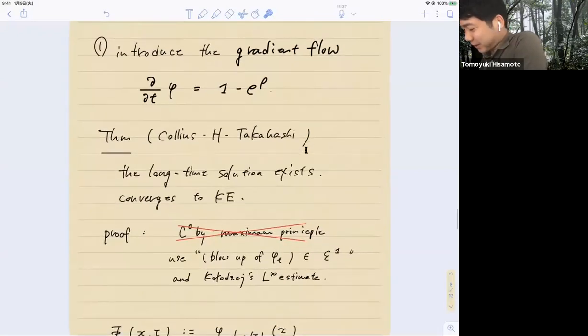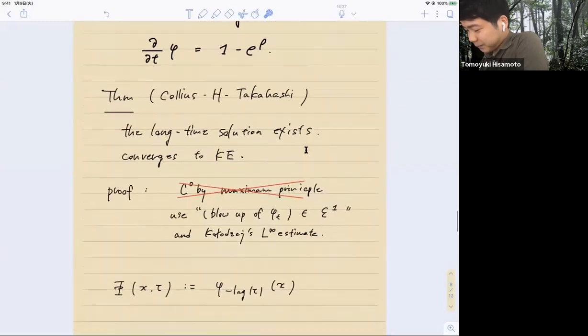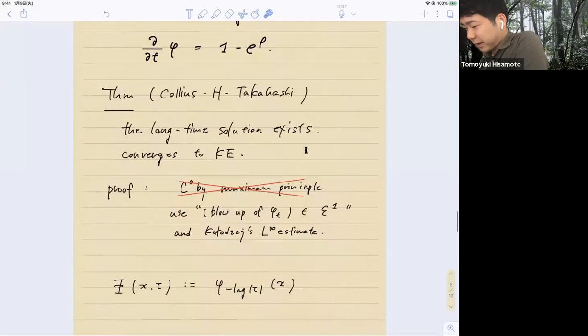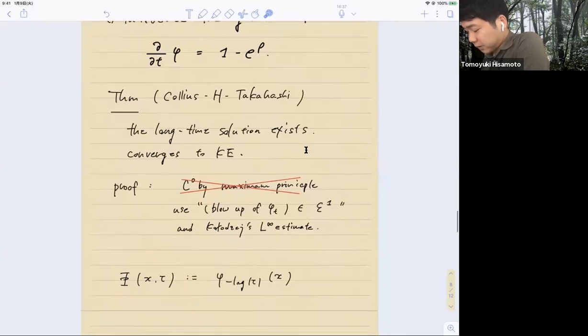Anyway, we have a solution of this gradient flow. And changing the variables, we get some big phi on the product space. This is the flow translated into a function on the product space.